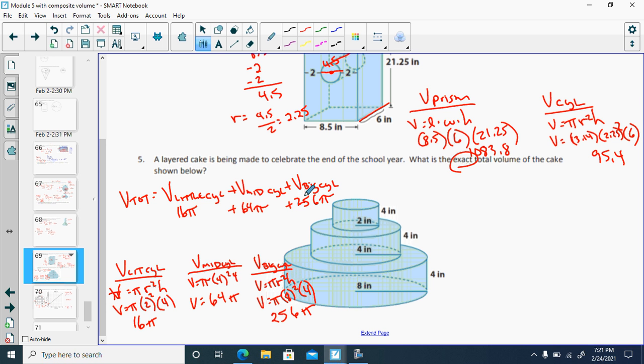Now let's add those together: 16 plus 64 plus 256. That's 336 pi. And that covers all of our composite volumes that I wanted to do for now.